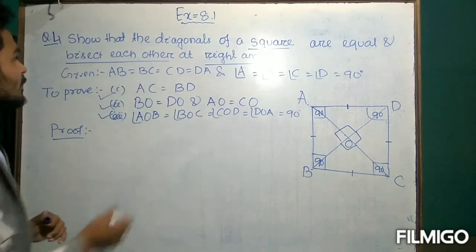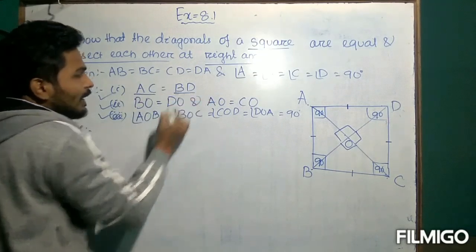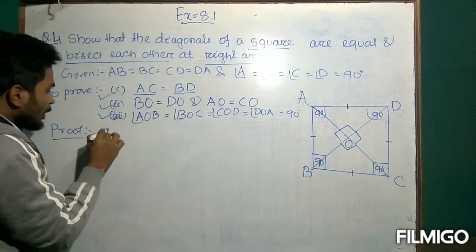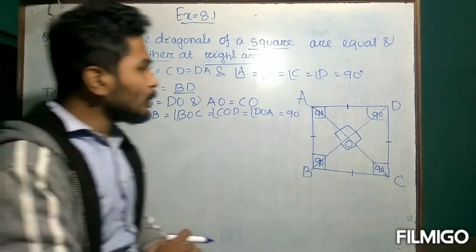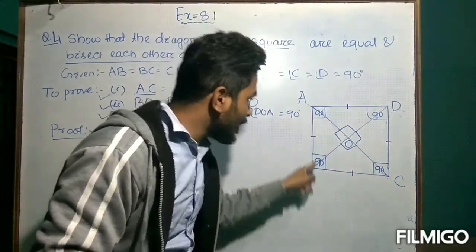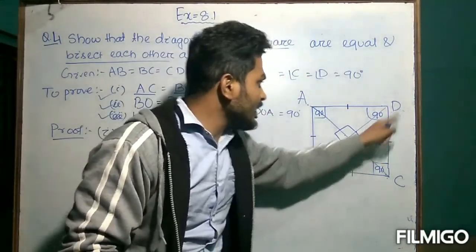So let us prove the first statement that the 2 diagonals AC and BD are equal. For this we have to compare 2 triangles: triangle ABC and triangle BCD.